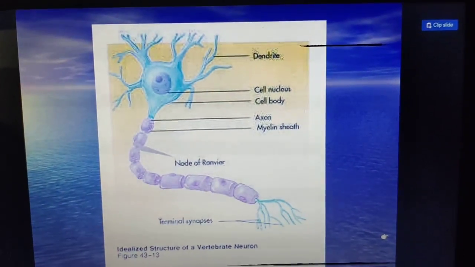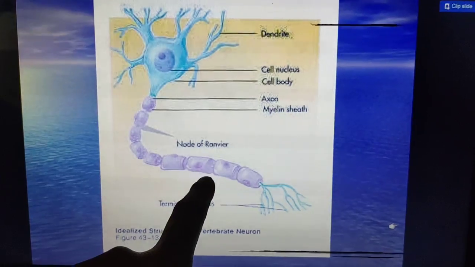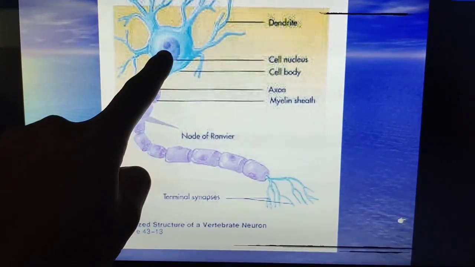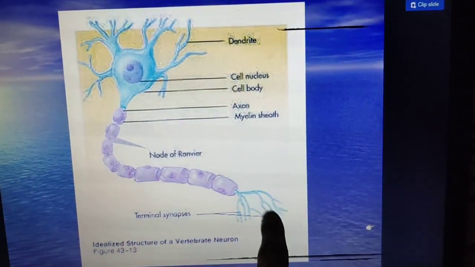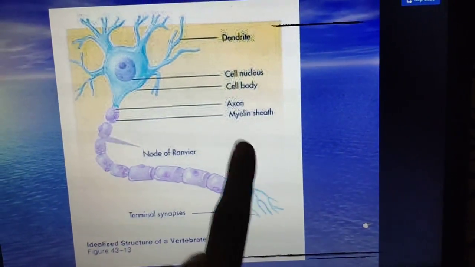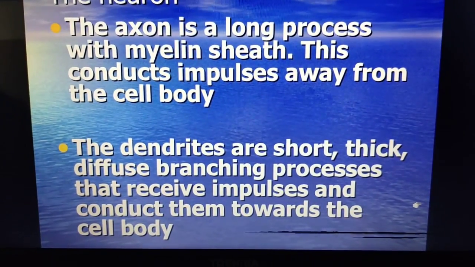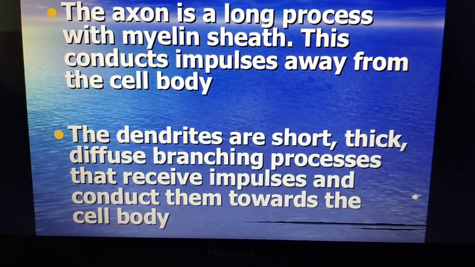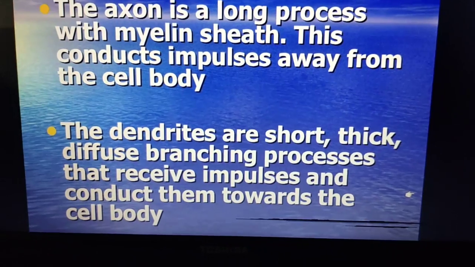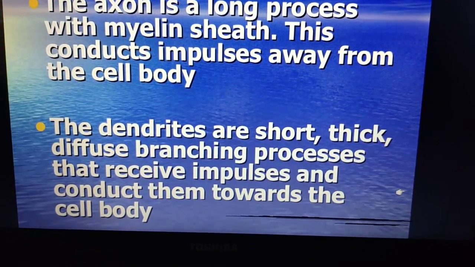So what does the axon do? The axon is a long process that conducts the impulses from the cell body, conducting the stimulus away from the body. Clear, no? And the dendrites are the short, thick and diffusely branching processes that receive the impulses and conduct them towards the cell body.